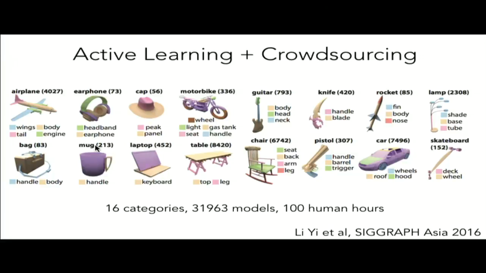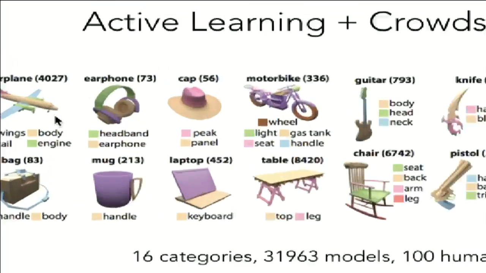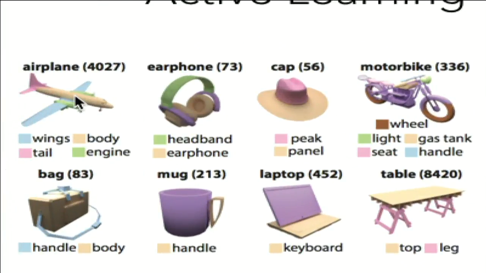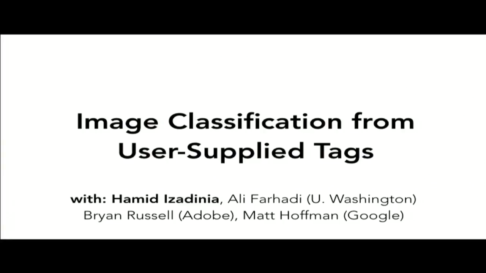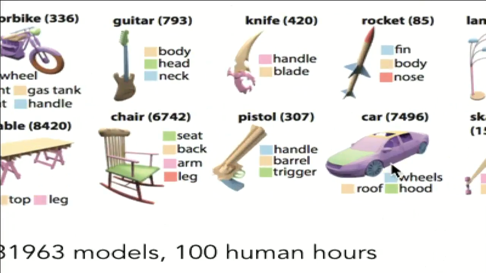But when you look in detail at some of these surfaces, they're not really getting very fine scale. There's not a lot of classes. They have keyboard or not keyboard, or for the car here, they have 3 different parts: wheels, roof, and hood, which doesn't seem like a lot more parts going on in the car than just those 3 elements, and you really want to know what they are in order to apply texture or add functional control handles to it.